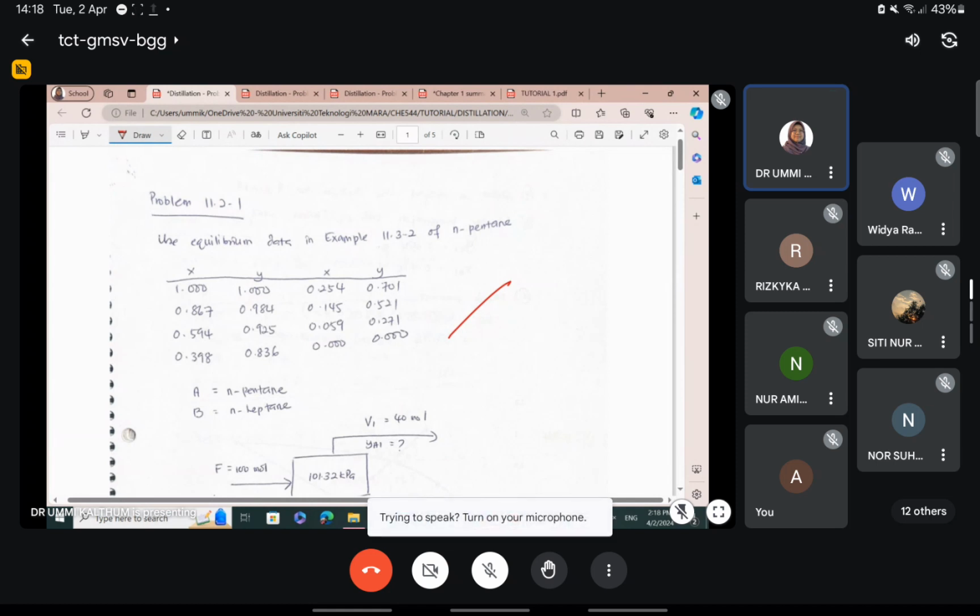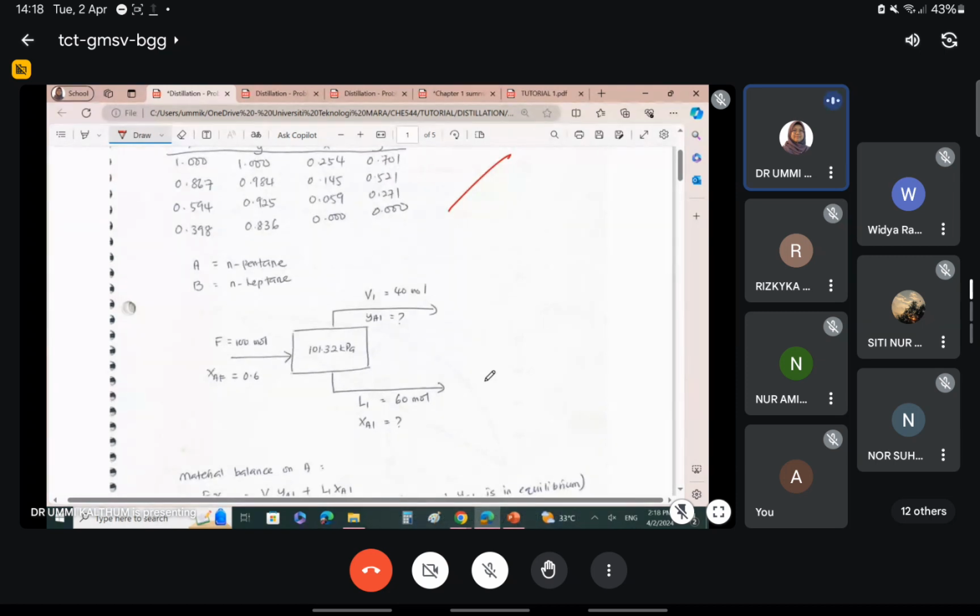Alright, draw the single stage flash distillation. The feed is 100 mole, and the composition of component A, which is pentane, is 0.6. Then it says the vapor leaving is 40 mole and the liquid leaving is 60 mole.